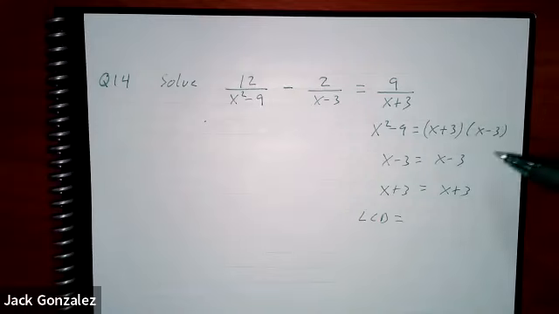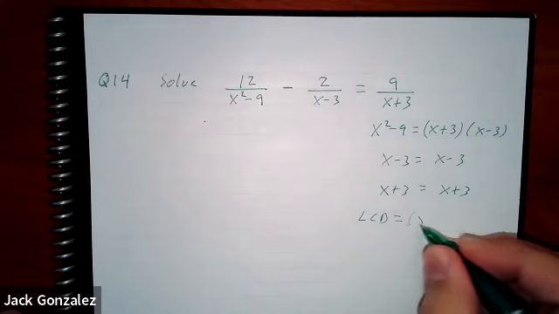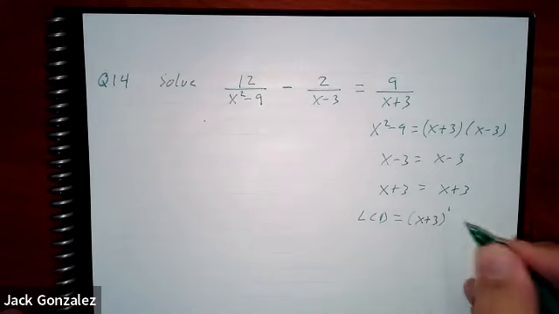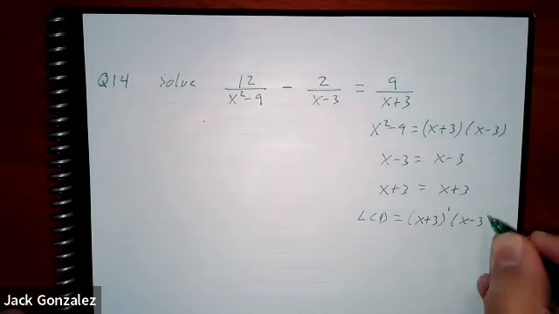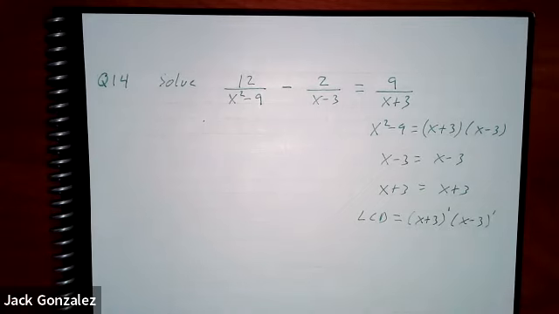So at most, x plus 3 appeared one time here, 0 times here, once here. So at most it appeared one time in one spot. X minus 3 appeared one time here and one time there, 0 times here. So write down every factor, and it appeared one time at most. Okay. So I want you to think about it.